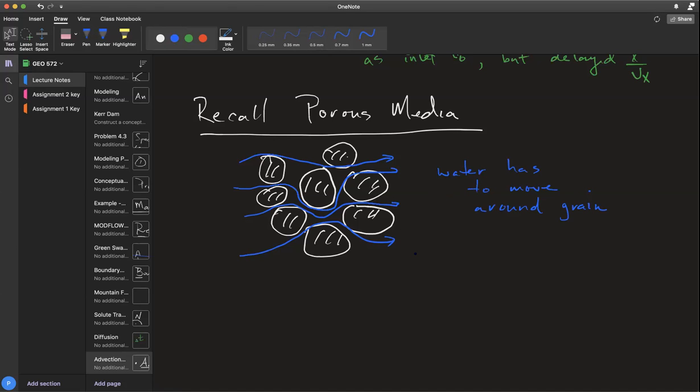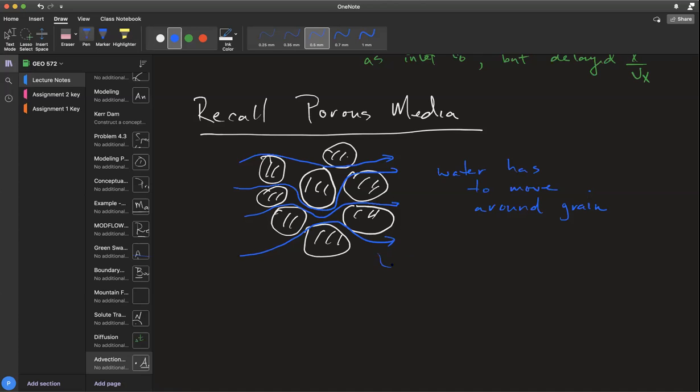So we think about flow at the REV scale, which means we're thinking of sort of a uniform velocity across that REV. So each one of these individual streamlines has a different velocity profile, and it has to travel different lengths.